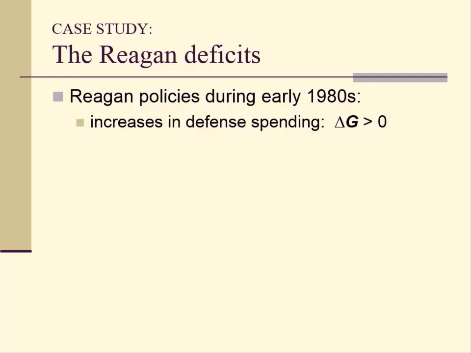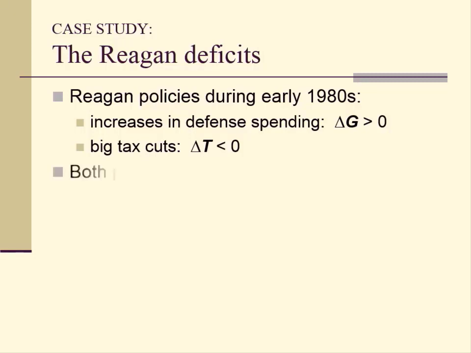This increased government spending a lot, and it has a direct effect on lowering public savings, therefore national savings. In addition, Reagan employed so-called Reaganomics, that is supply-side economics, having big tax cuts to stimulate consumption.